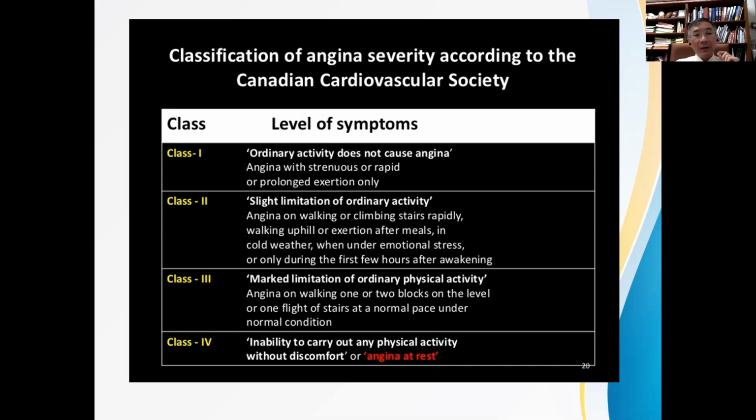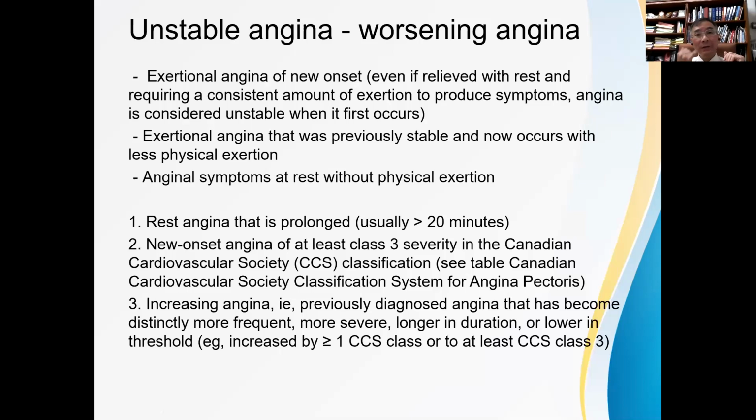In class 3, there is marked limitation of these ordinary physical activities, such that the patient will notice the pain after walking 1 or 2 blocks on the level, or after climbing 1 flight of stairs. And finally, for class 4 CCS classification, the patient is unable to carry out any physical activity or will have angina at rest.